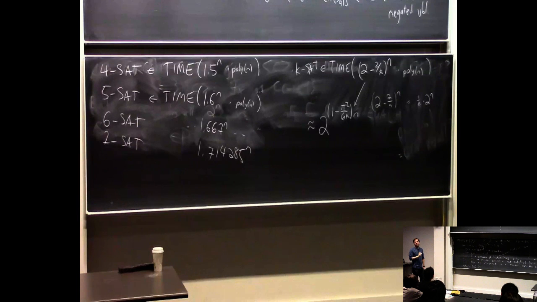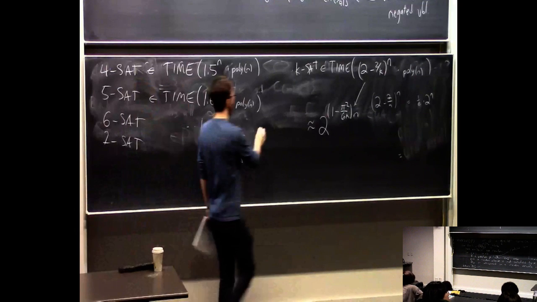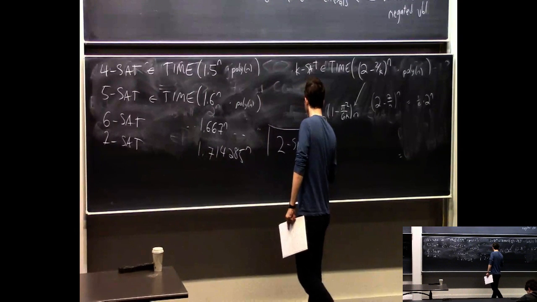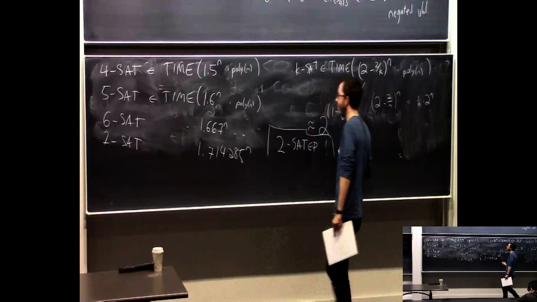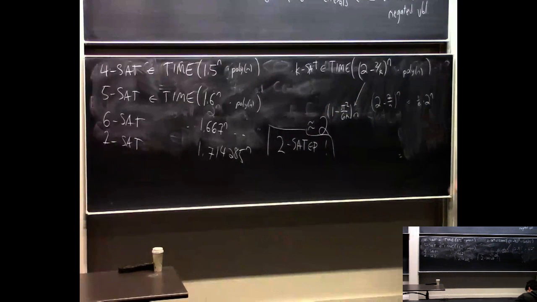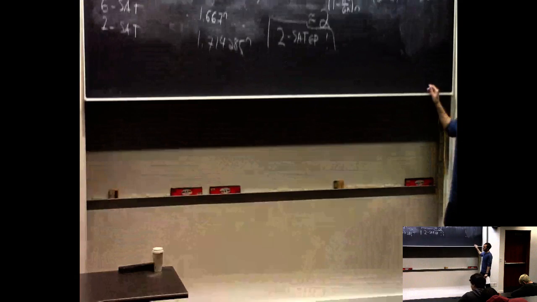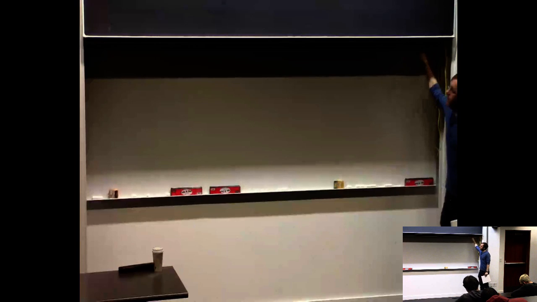But I'm going to show you a different polynomial time algorithm for 2-SAT. That's the last thing I want to do, is show you that 2-SAT actually can be solved in polynomial time. So finally we got to a special enough case that you can solve it in polynomial time. I wanted to show it to you because it's not obvious.